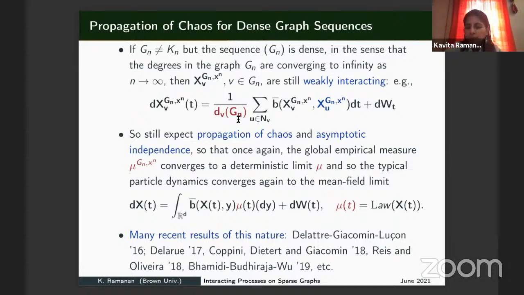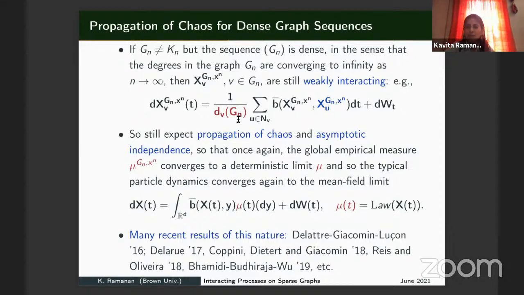So Delattre, Giacomin, and Luçon, for instance, looked at the case when you have an Erdős-Rényi graph G(n, p_n). Remember, that's n vertices, and you independently choose edges with probability p_n. And if np_n is going to infinity, so that the average degree of that graph is going to infinity, that's capturing this dense condition.